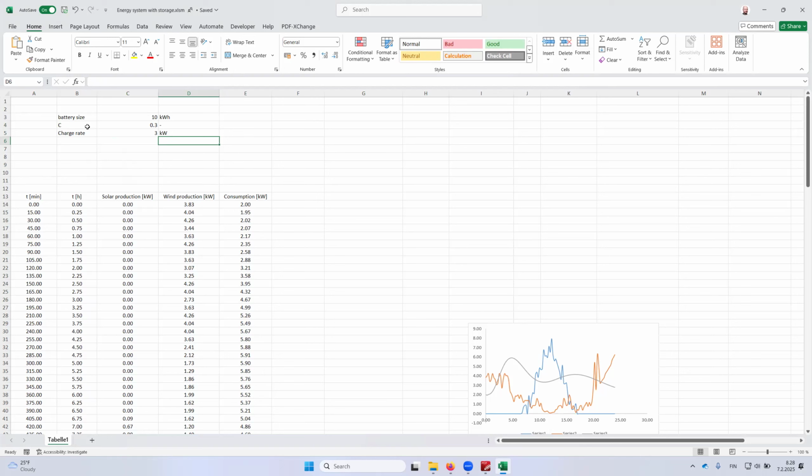So our charging limit, well, if we first look at the DT, it's going to be 0.25 hours. So let's mark that down in here as well.